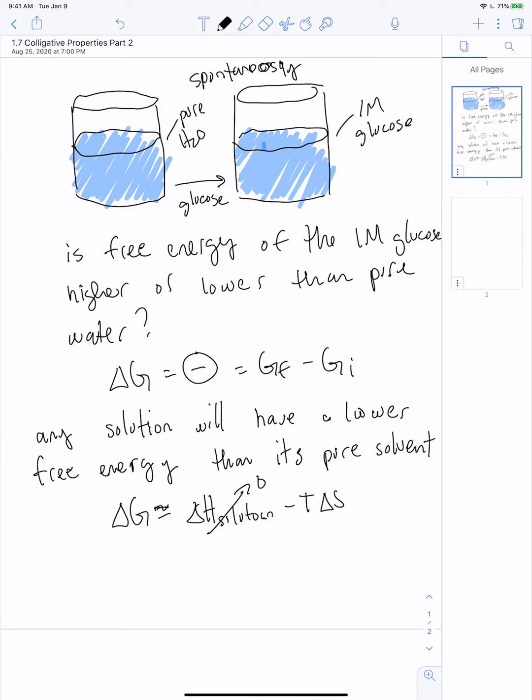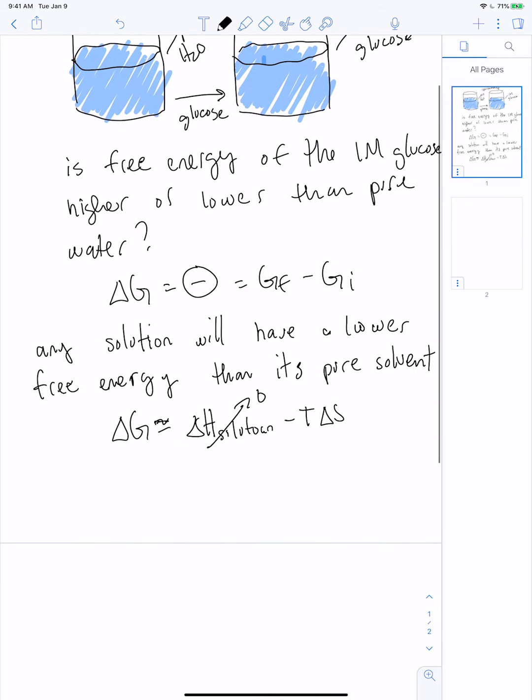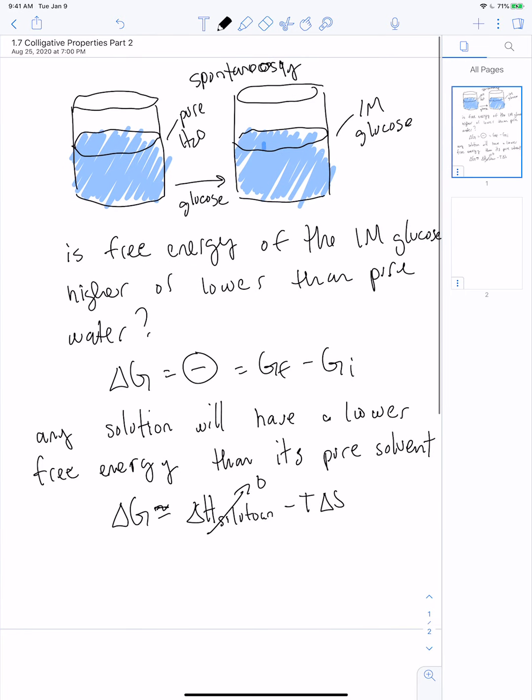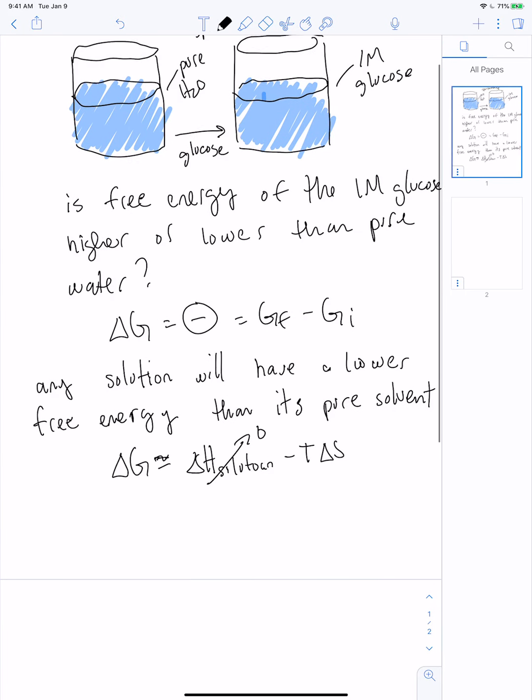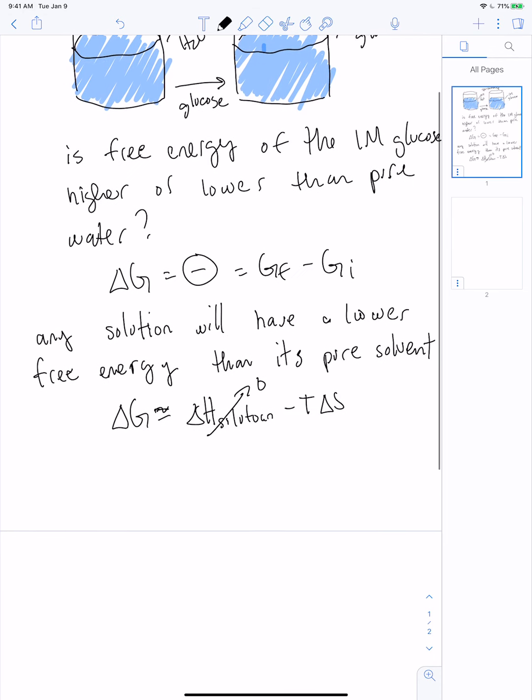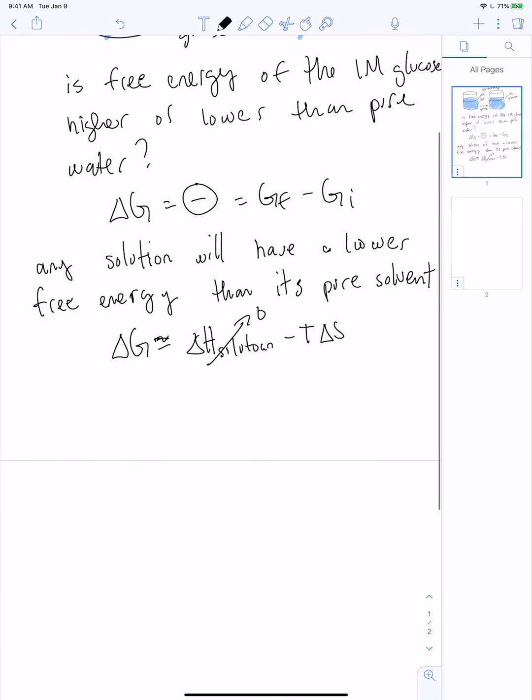Whatever the entropy associated with the crystal for glucose, breaking that up and increasing the energy of that is more favorable for this system than whatever the entropy is associated with restricting the movement a little bit of the water molecules within the solvent. So the entropy of this entire system has increased, and so the solution has a lower free energy than the pure solvent does.